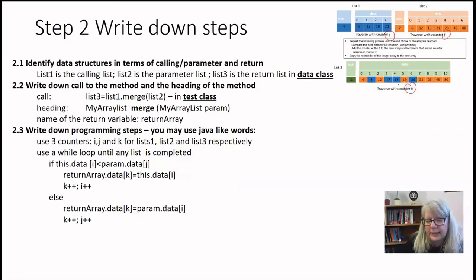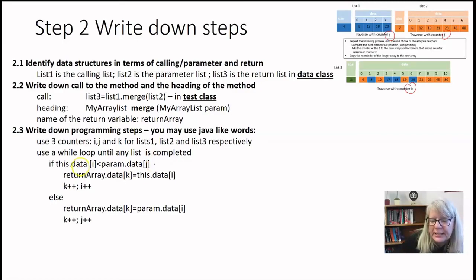But I'm writing it down now. Use a while loop until any list is completed. And then I don't want to go to compareTo here because it's not necessary. That's why we write this in normal steps. Otherwise you get totally lost in compareTo. And if you write these ifs like this first, then the compareTo becomes very easy later.